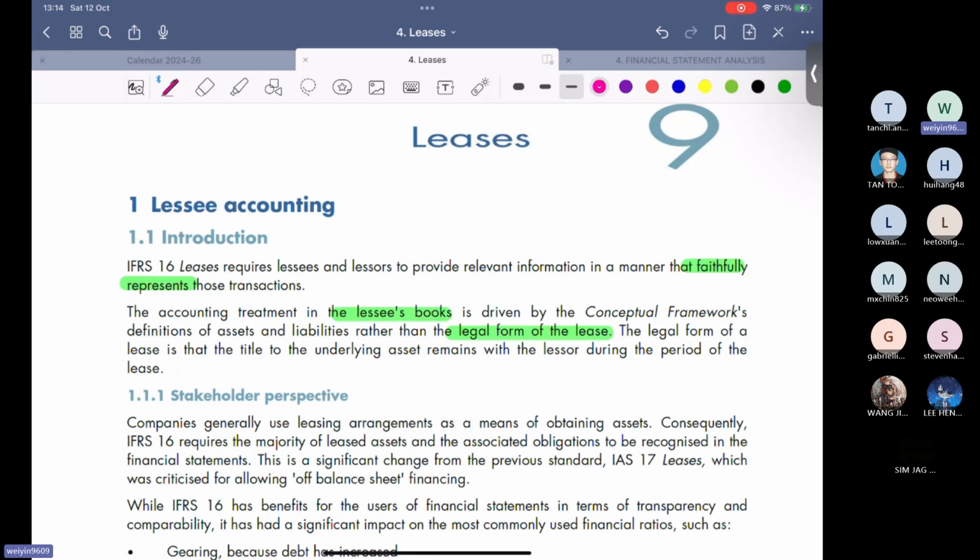That means this one talks about substance over form. In legal terms, the asset belongs to the lessor, but who is the one who uses it? The lessee. Okay, so substance over form.